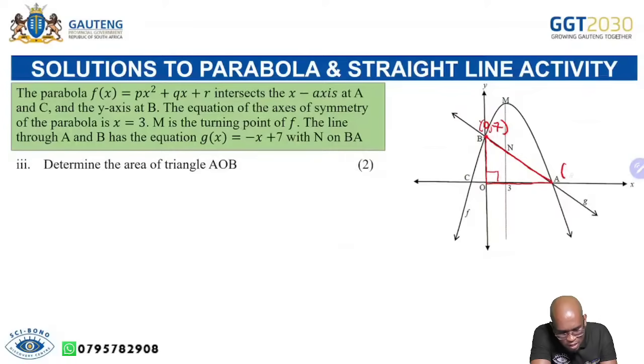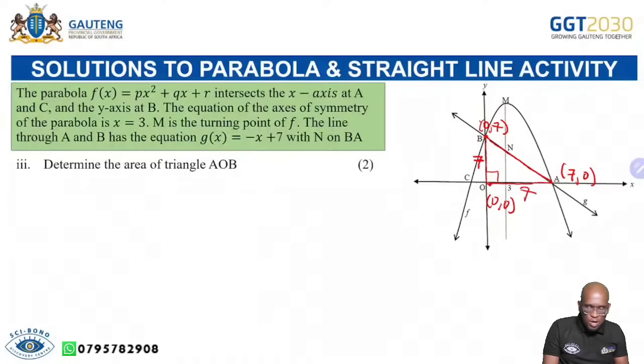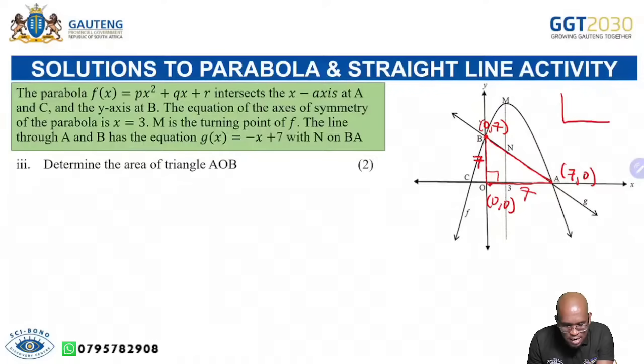We have that of A, 7 and 0. We have that of O as 0 and 0. So we can work out the length of OA, which would be 7 units. We can work out the length of OB, which would be 7 units as well. So we have a triangle with 7 units here, 7 units there.